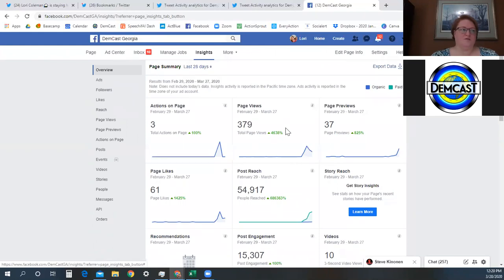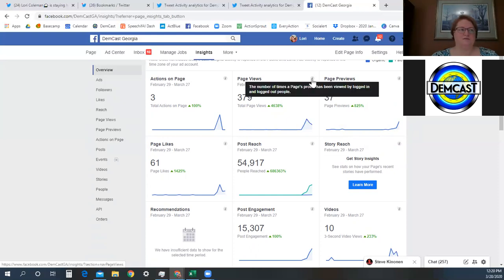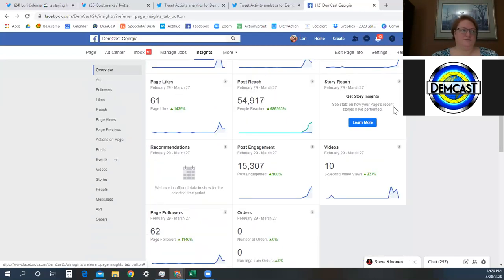So you can see that actions on page have increased. Page views increased. Page previews, and each one of these will tell you what they mean. Okay.